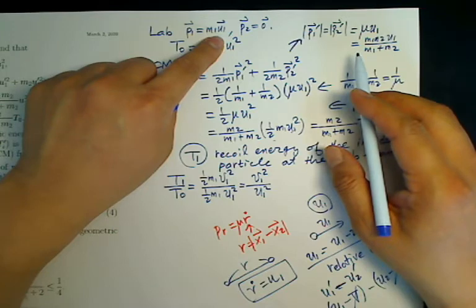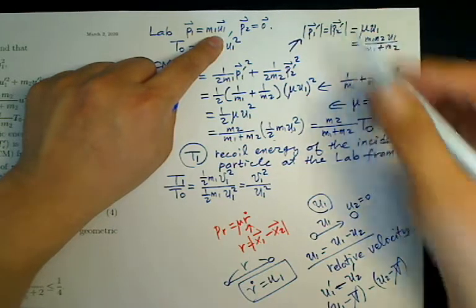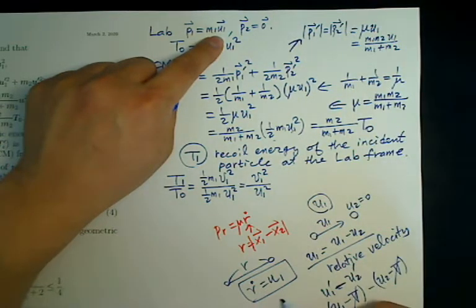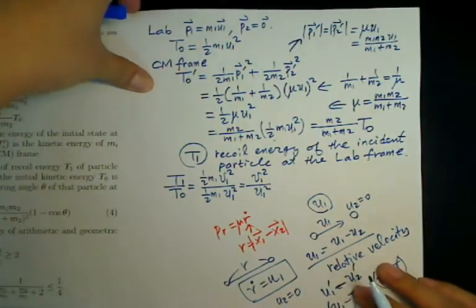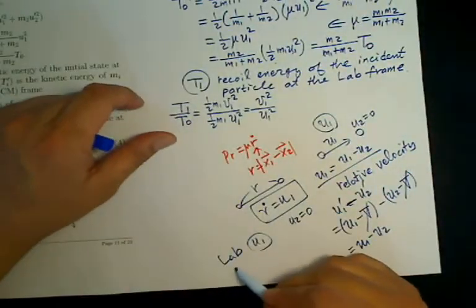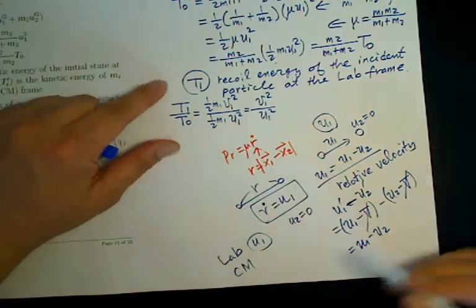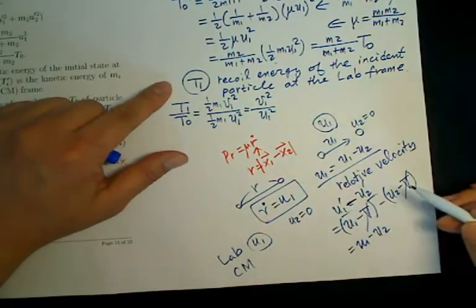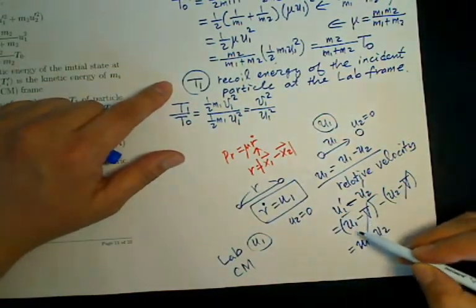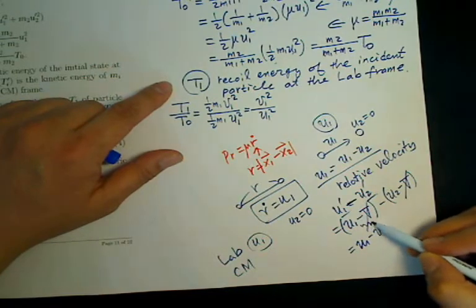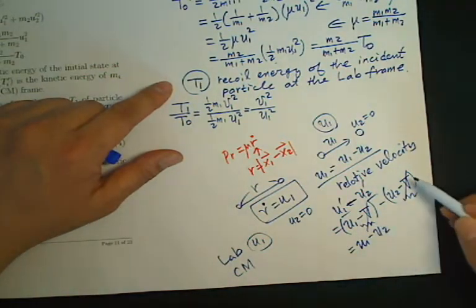There's a lab frame case. At the CM frame, U1 and U2 are different from the U1 and U2 in the lab frame. In the CM frame, they are just U1 prime minus U2 prime. Because the Galilean transformation shifts both by the same amount, they cancel.